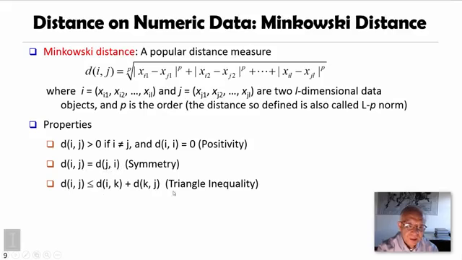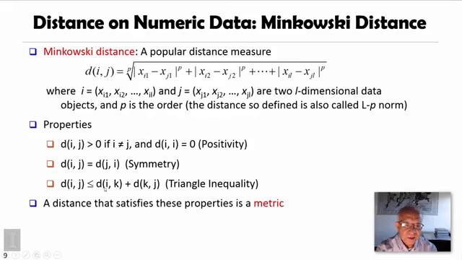The third one, called triangular inequality, means for the distance between i and j, if you go through k, that means you go first to k, then from k to j, that distance should be greater than or equal to going directly from i to j.